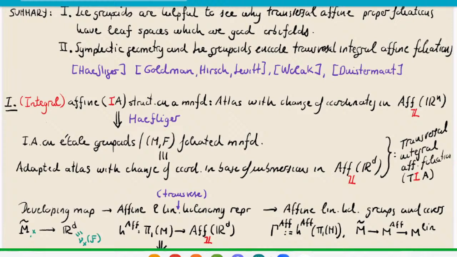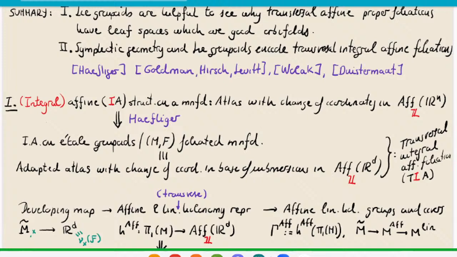So that means that we can give one possible definition of a transverse integral affine structure on a manifold.